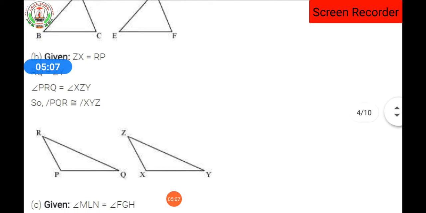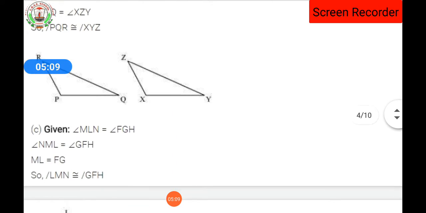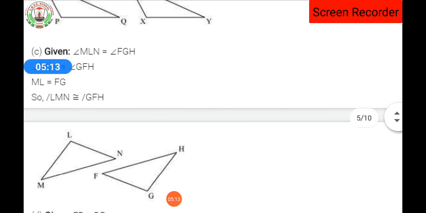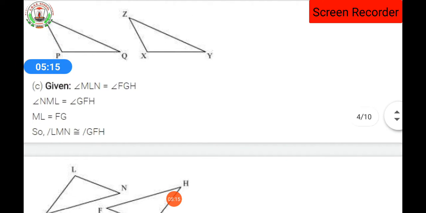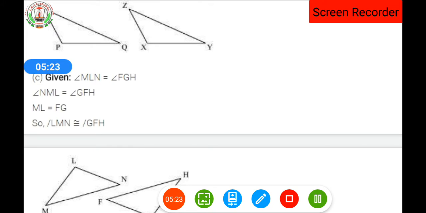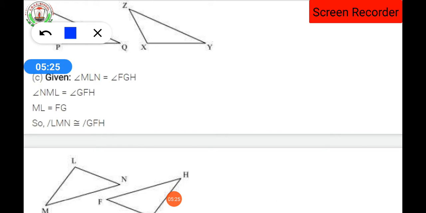Clear everyone? Moving toward the C part of the question. Here in this C part, a figure is given. Can you look at the figure? Here two angles are equal, as the two angles are given. That means I can show you with the help of the figure that angle MLN is equal to angle FGH.